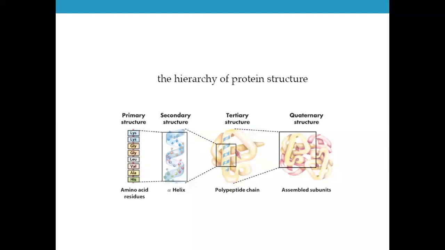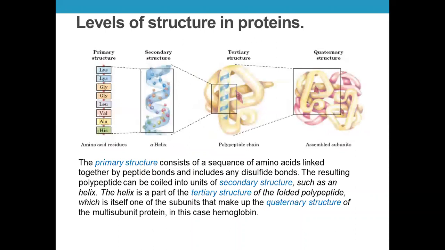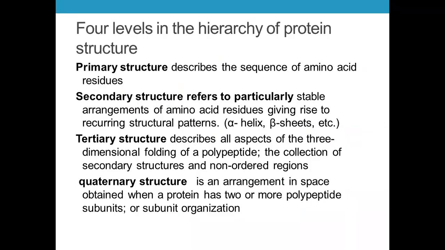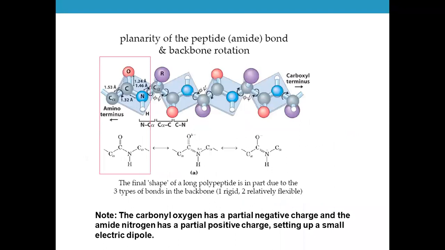The secondary structure will give rise to a tertiary structure where you have the polypeptide chain units folded, and then much higher than the tertiary structure is the quaternary structure. So again, I have mentioned what the sequence of the primary structure consists of. And the secondary structure, we'll be talking about each of these.